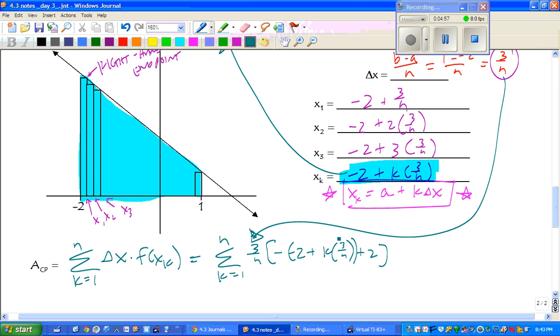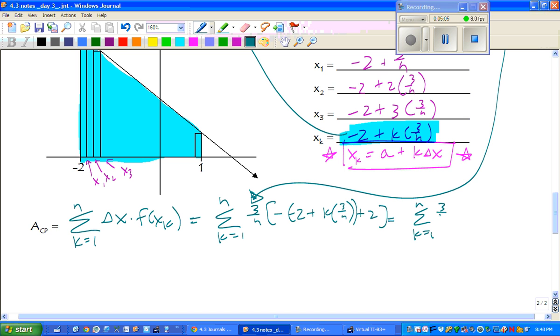So we need to do a little simplifying. Here's where we keep going with some algebra, taking the sum from k equals 1 to n of 3 over n, and if we distribute that negative to each of these, we're going to have positive 2 minus 3 over n k plus 2.